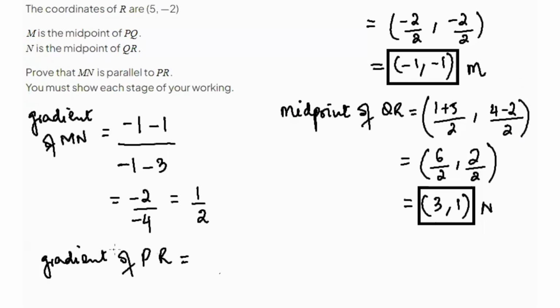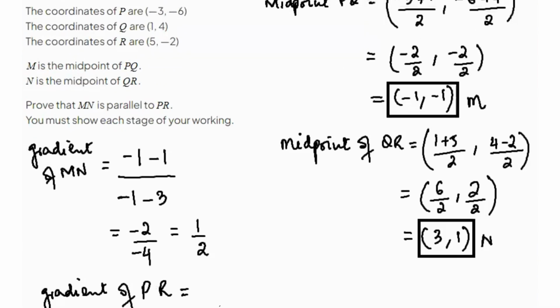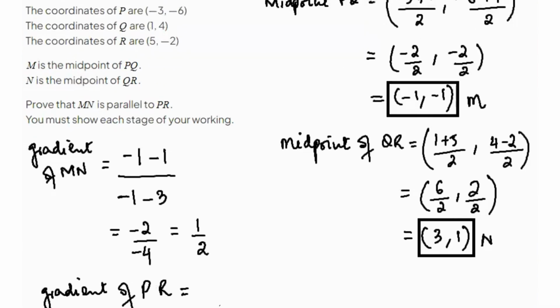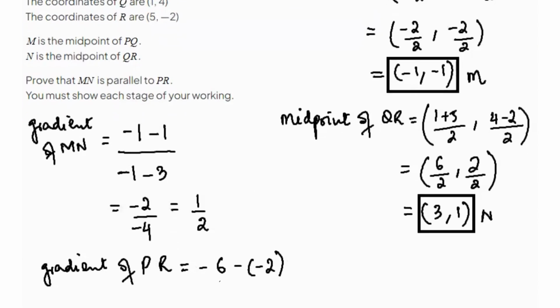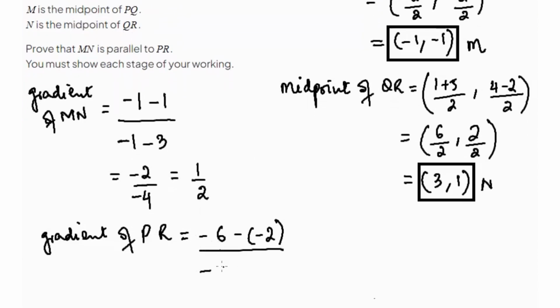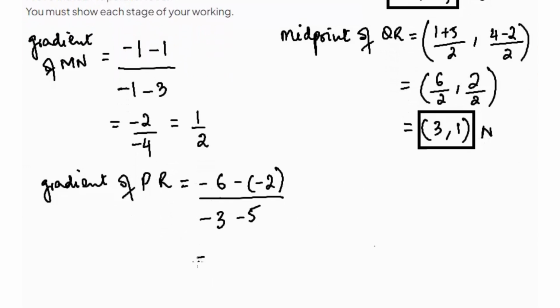So that's your gradient of MN. Now we find the gradient of PR. P is negative 3, negative 6, and R is 5, negative 2. So we're going to do negative 6 minus negative 2 divided by negative 3 minus 5. That's going to be negative 6 plus 2 over negative 8, which is negative 4 over negative 8, and that simplifies to 1 over 2.